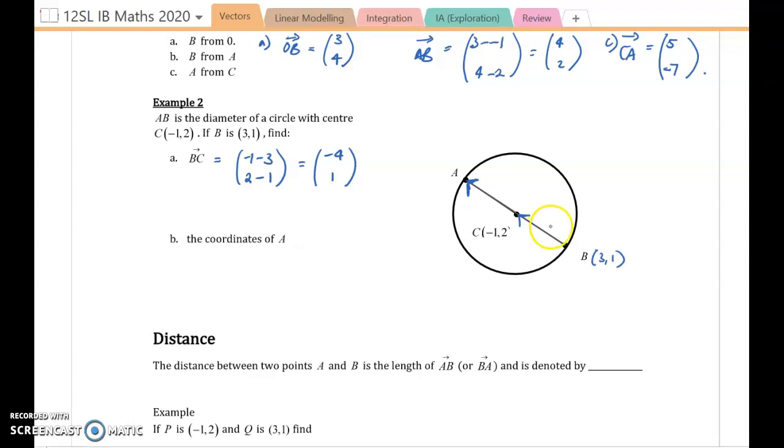Now we're going to let point A be A1, A2. That means that CA is equal to A1 minus negative 1, which is plus 1, A2 minus 2.